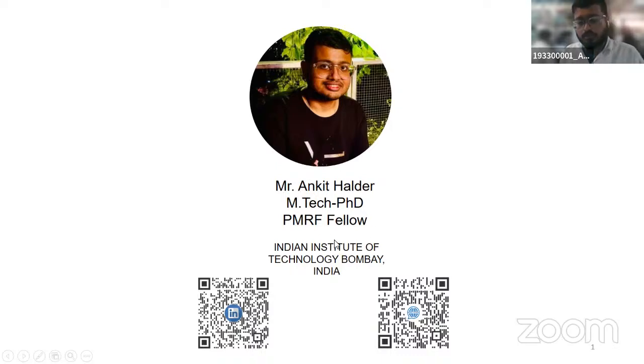So here I would just give a brief about my research interest and then about these two courses, and how it is helping me for both interactions and also for the research purpose.